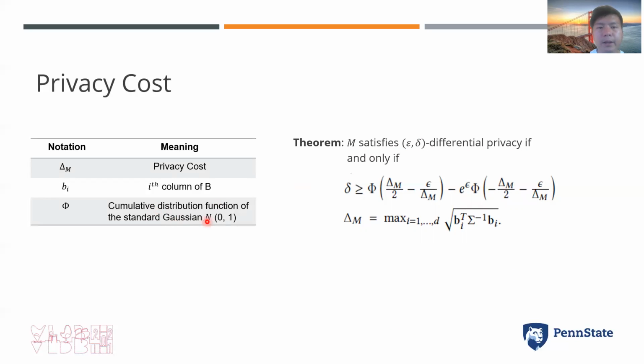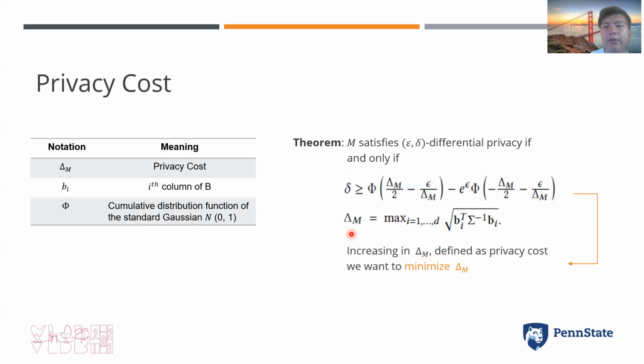Here, phi is the cumulative distribution function of the standard Gaussian distribution. It turns out that this quantity is increasing in delta m, and delta m is defined as follows. We call this delta m the privacy cost, and we want to minimize delta m so that delta is as small as possible.